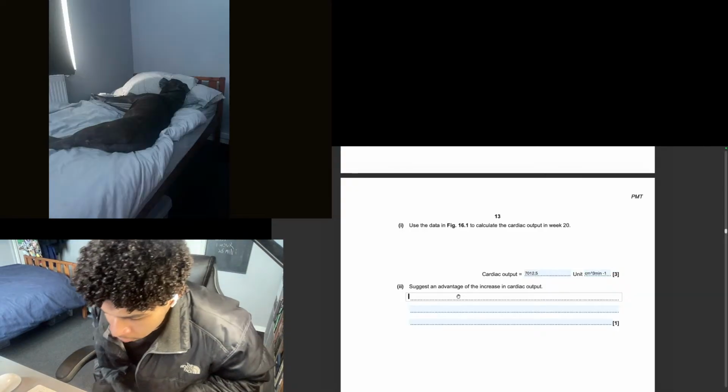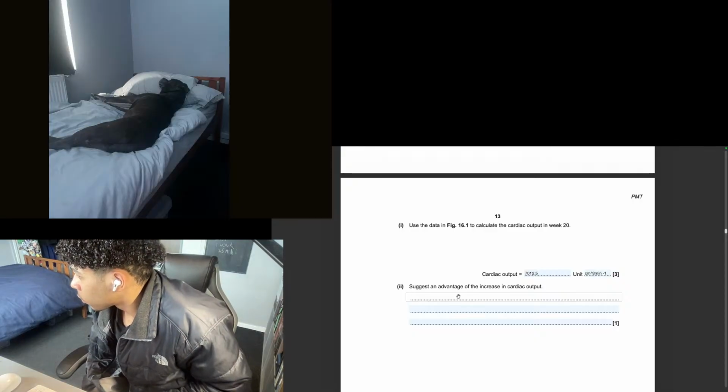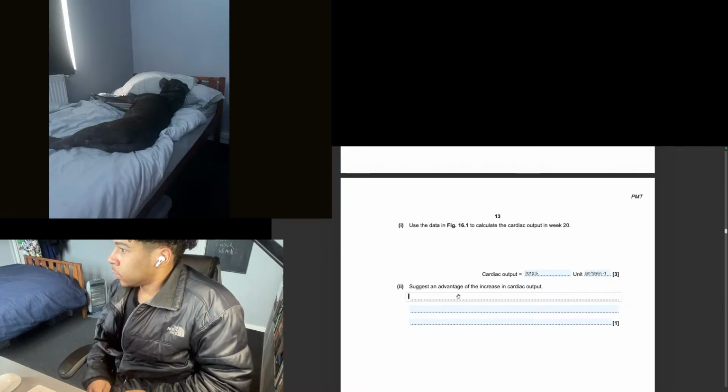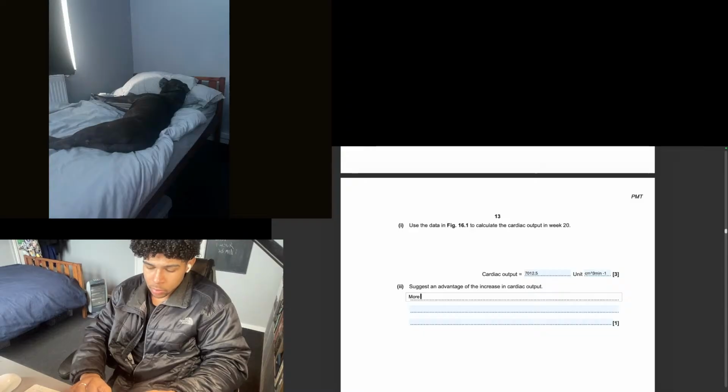Say an advantage. So increased blood being pumped around. Blood delivered to the placenta. More nutrients, oxygen for baby.